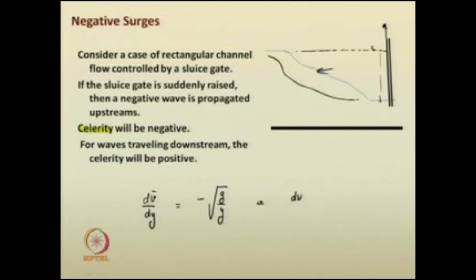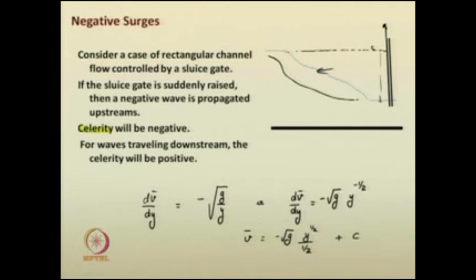For convenience, since g is a constant value, I am writing it as minus root g into y to the power of minus half. Integrating, on integration I will get V is equal to minus root g, y to the power of half by half, plus some integration constant c.